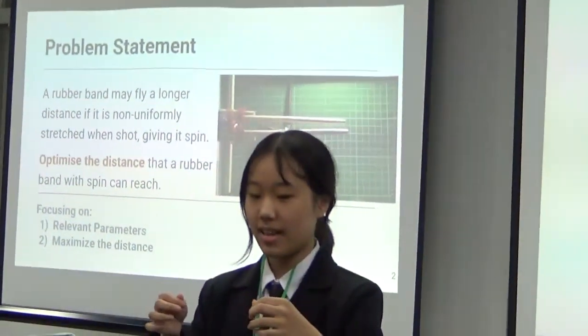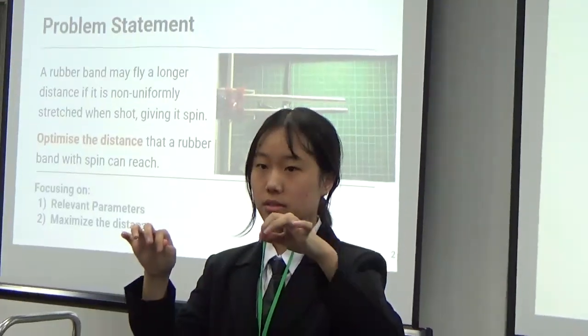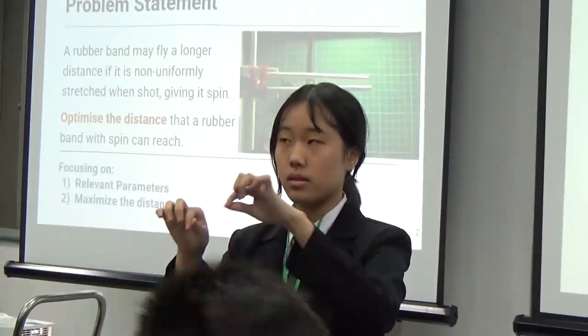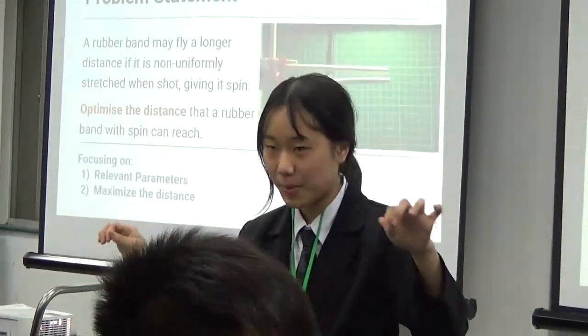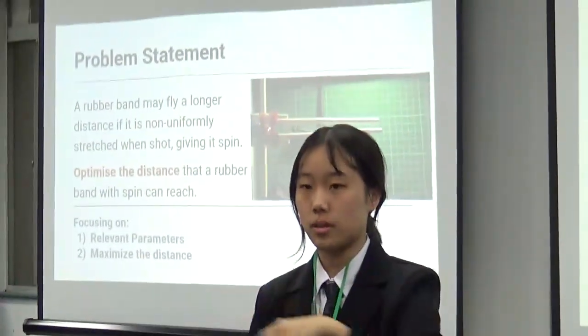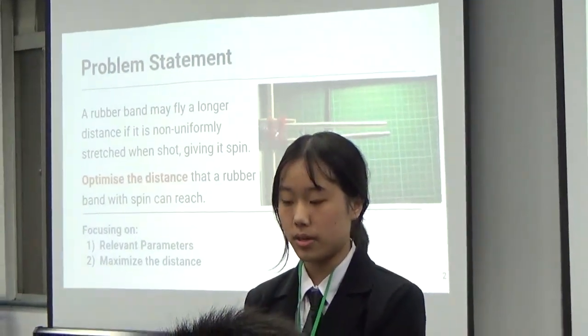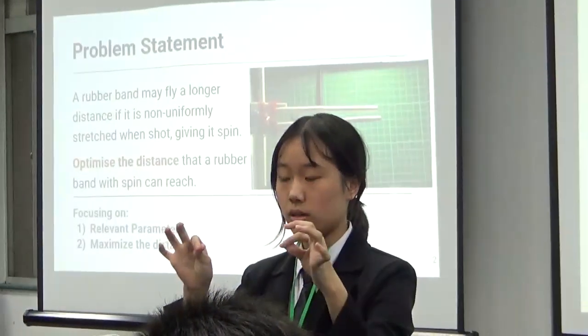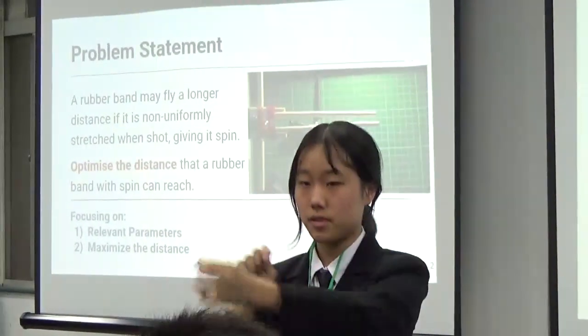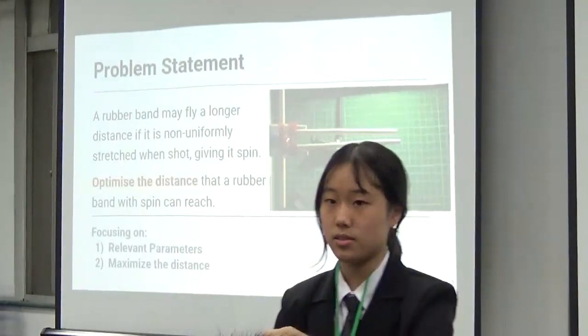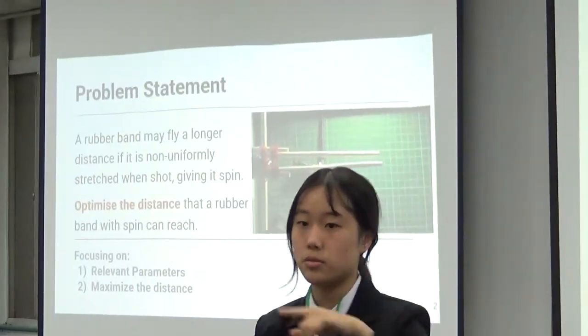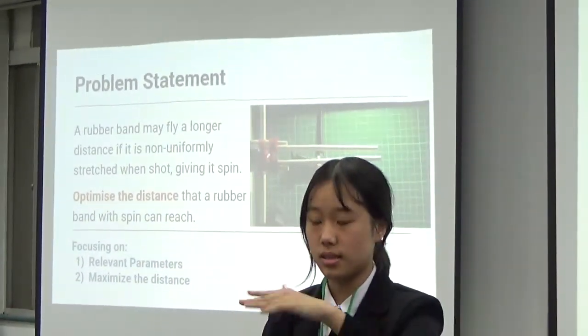I think we should try different ratios of the pull distance for both sides, because there will be a ratio. If you pull the two sides the same length, it will be mostly transferred into kinetic energy. It won't rotate too much, but it just goes far, and it's not stable.